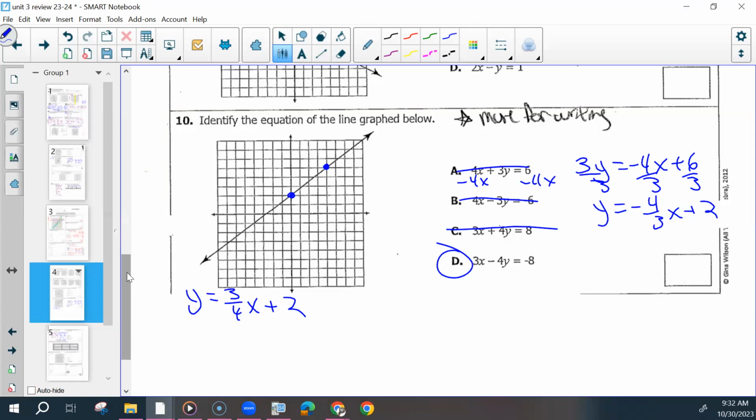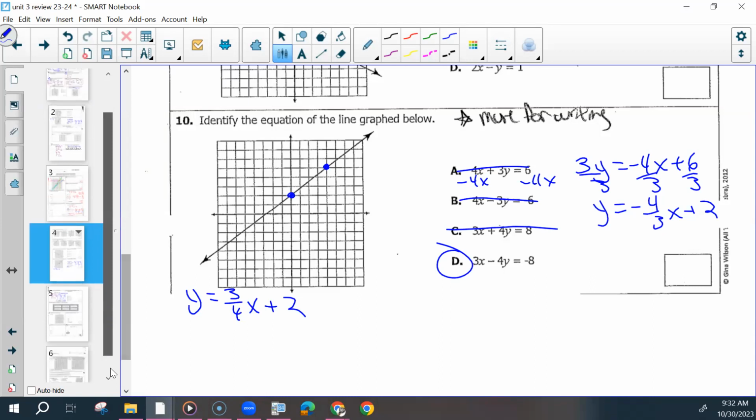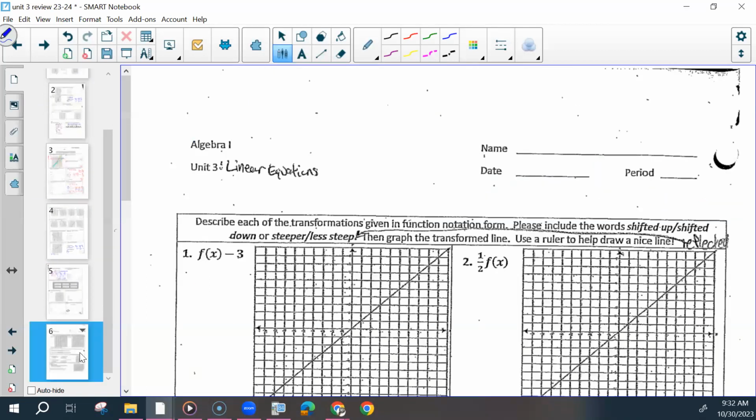Go to the very last one. These are all your linear transformation questions. Which of these do we want to go over?